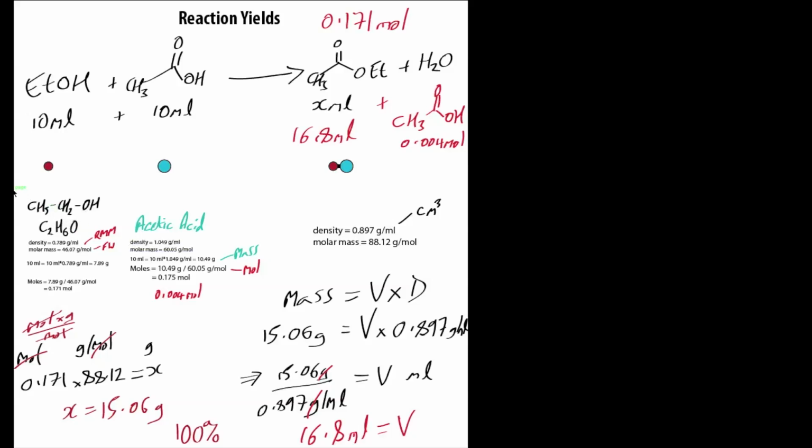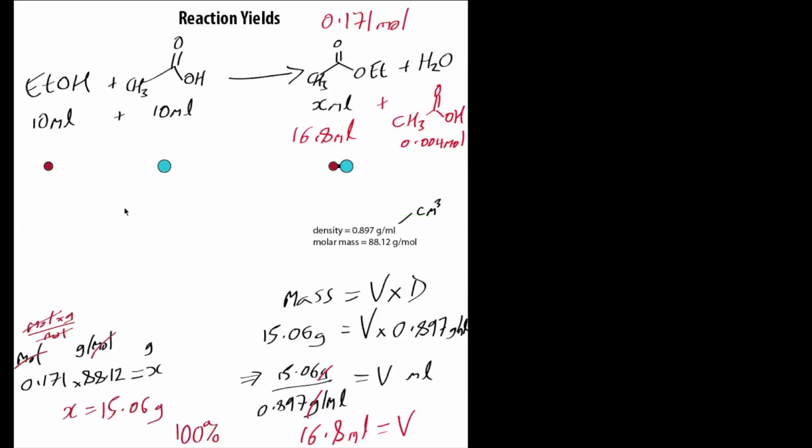Let's recap that in the text. Actually, let's just give ourselves a little bit of room here. Let's move these out of the way. So the first thing to do, give myself a thinner pen, is convert volume to mass.